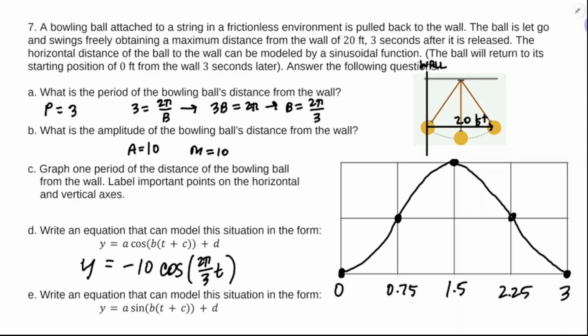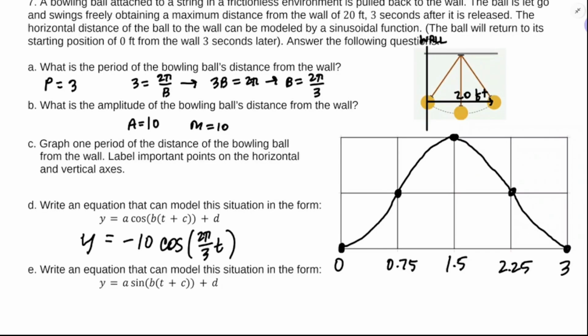Right, and then for sine, I'm going to be looking for a place where it's at the midline and coming up, so that would be right there. Phase shift of 0.75. Y will equal positive 10 times the sine of 2 pi over 3 times t minus 0.75. And then I forgot to add the 10 on the outside on the first one, but I'll do that there, and they're both good now.